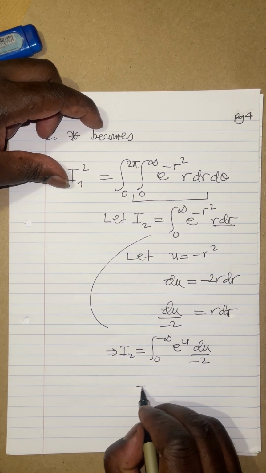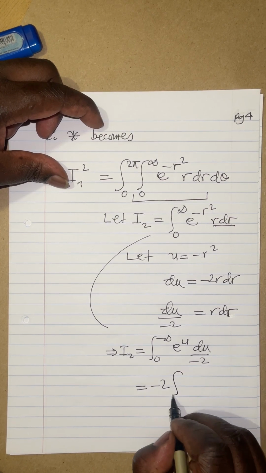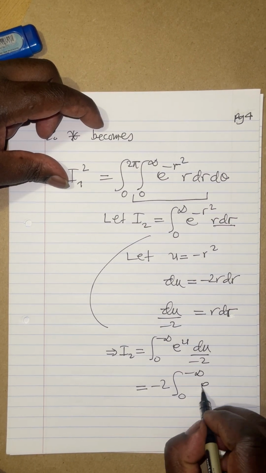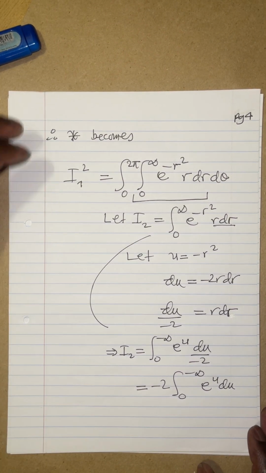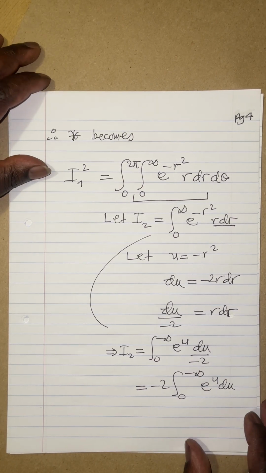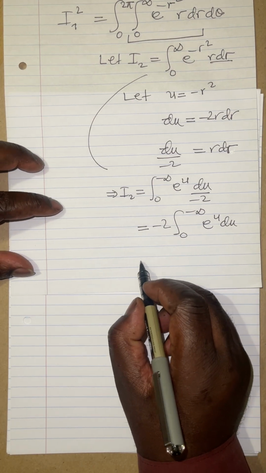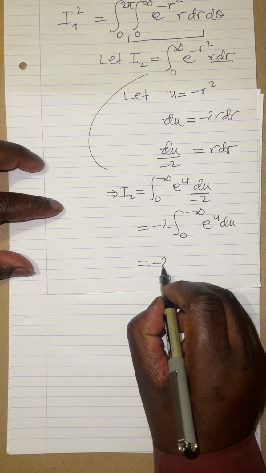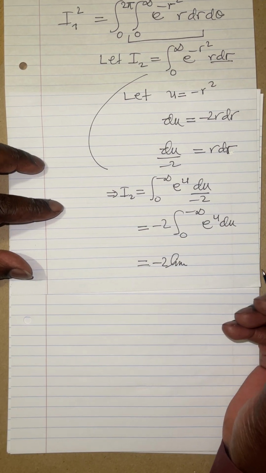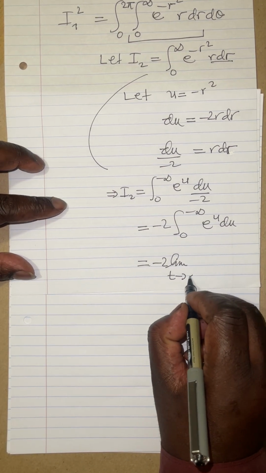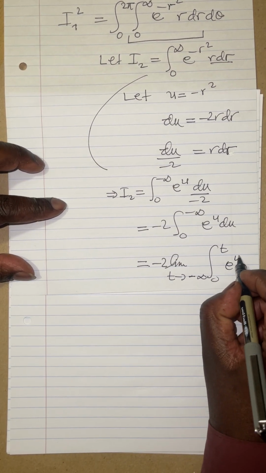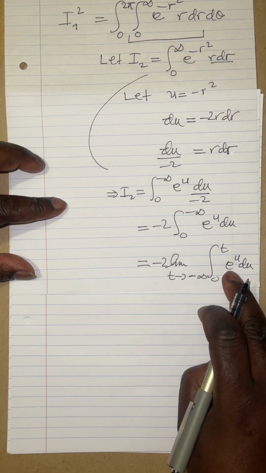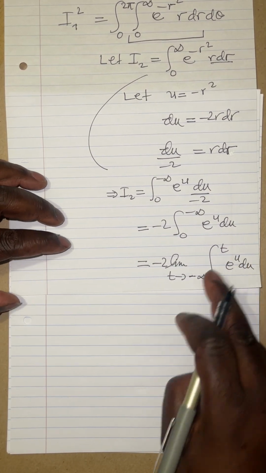Taking the minus 2 out, it's going to be minus 1/2 times the integral from 0 to minus infinity of e to the power u du. Now, remember this is an improper integral because of the minus infinity. We're going to have to use a limit approach here. So this is the same as the limit, using the variable t, as t approaches minus infinity, of the integral from 0 to t of e to the power u du. Now we evaluate this, and then we take the limit as t approaches minus infinity.